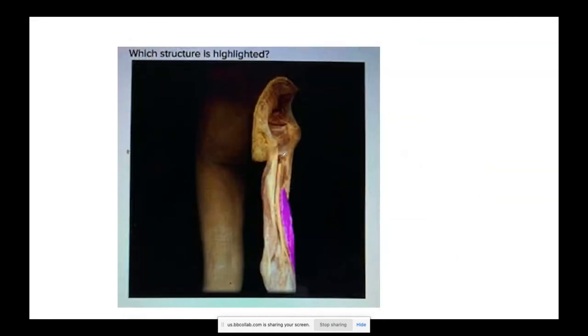Now we're looking at the posterior part of the femur. So when you think back here, we're thinking hamstrings. So when you're thinking hamstrings, we know that there are only 3 of them. We know that there's 1 on the lateral side, and we know that there's 2 on the medial side. The 2 on the medial side are the semitendinosus and semimembranosus.